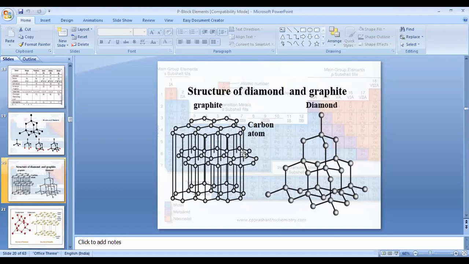So this large distance explains the slippery nature of graphite. From this structure, we can reveal the property related to conducting electricity. So graphite crystals contain mobile pi electrons, which can move from one unit to other unit, and because of this the electricity is conducted.